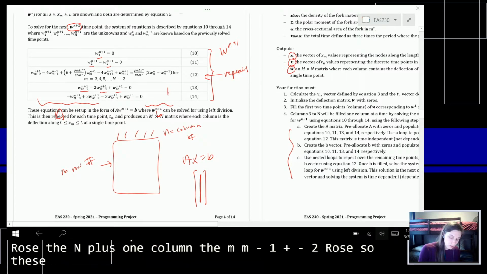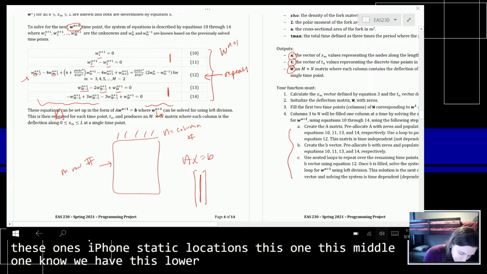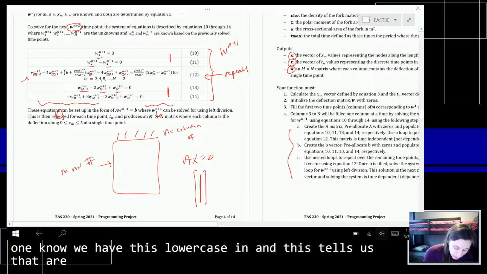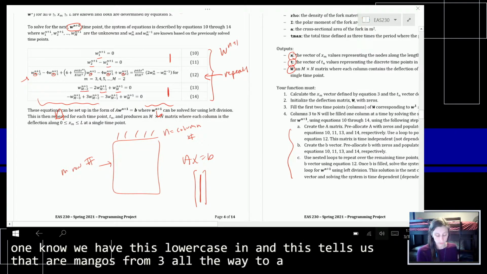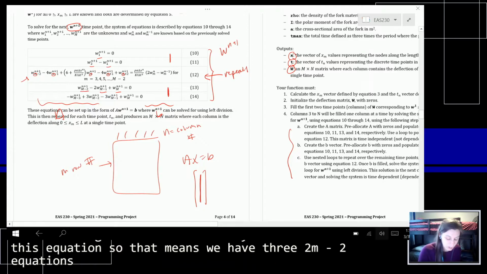So these ones are for static locations. This middle one, though, we have this lowercase m. And this tells us that m goes from 3 all the way to M-2 for this equation. So that means we have 3 to M-2 equations that are listed out here.